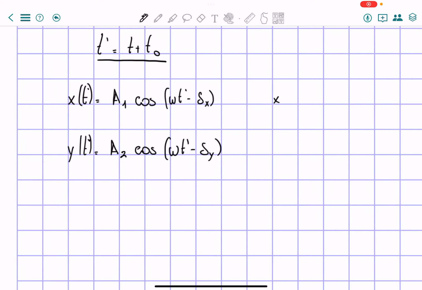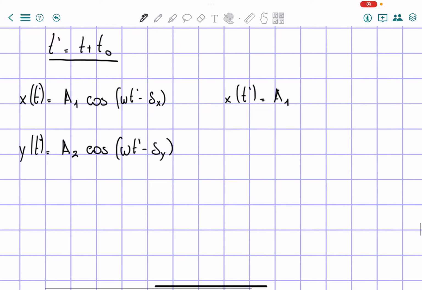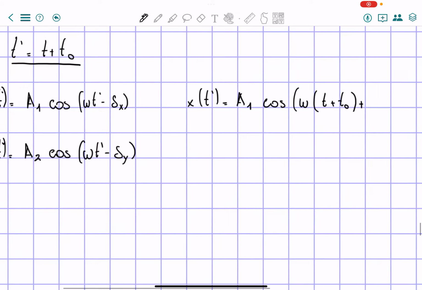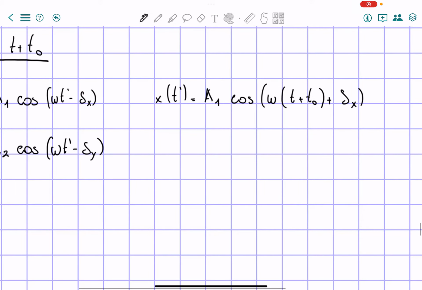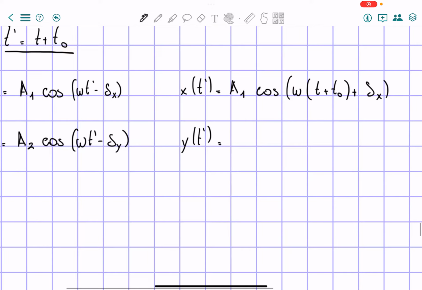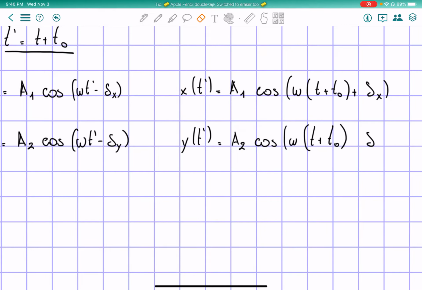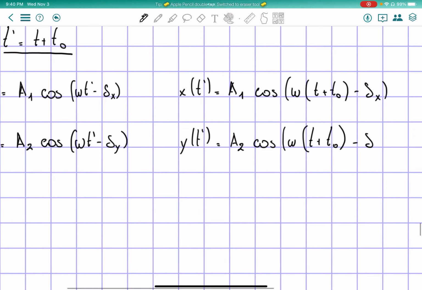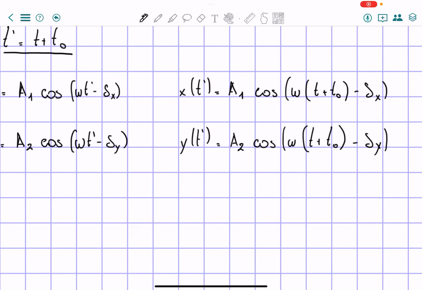So x of t prime is equal to a1 cosine of w times t plus t naught, minus the phase shift in x, and then y in terms of t prime is equal to a2 cosine of w times t plus t naught, minus the phase shift in y.